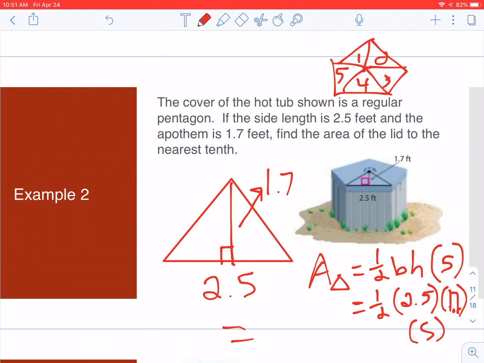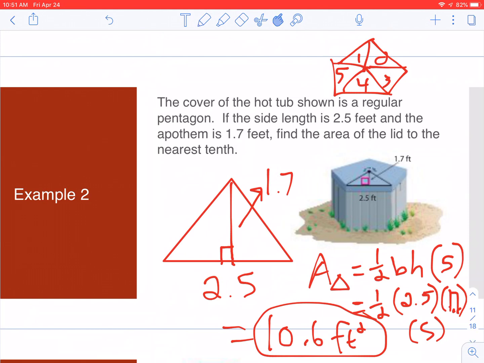Rounded to the nearest tenth, you should get 10.5 feet squared. So for area, we always use like square feet, square centimeters, square inches, whatever it might be. Okay, so that's the long way to do it, actually.